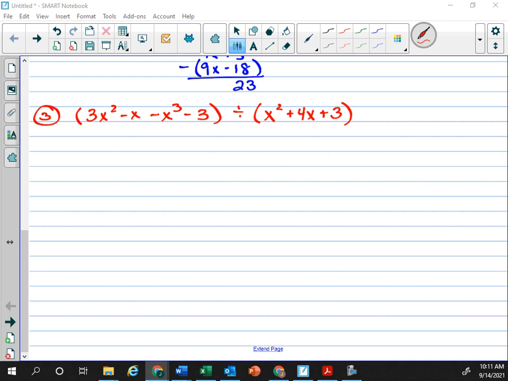Plus 7 plus negative 26 minus 24 over x.